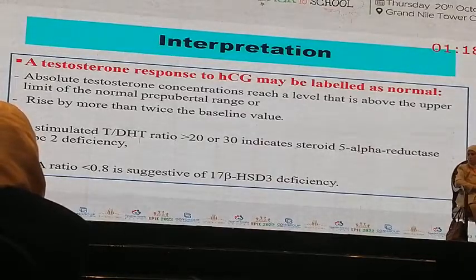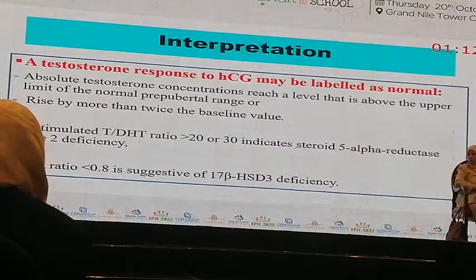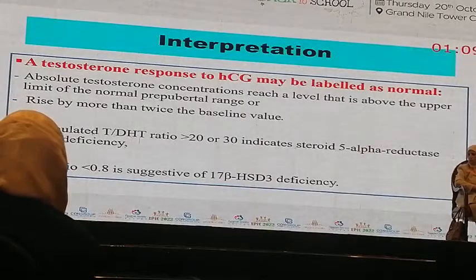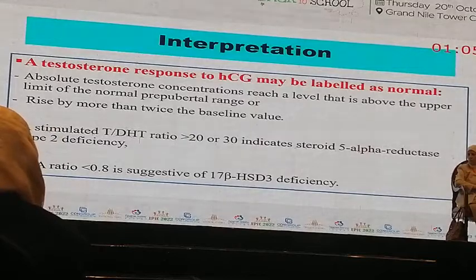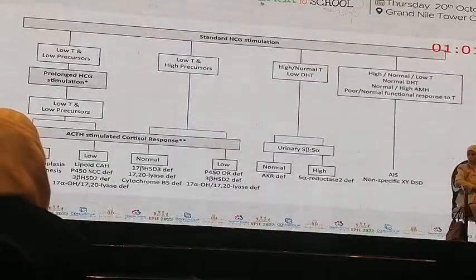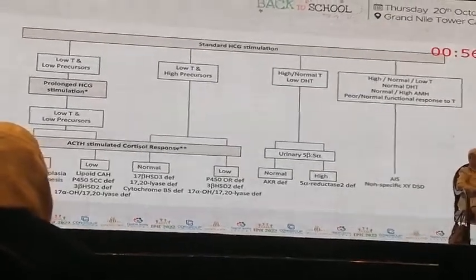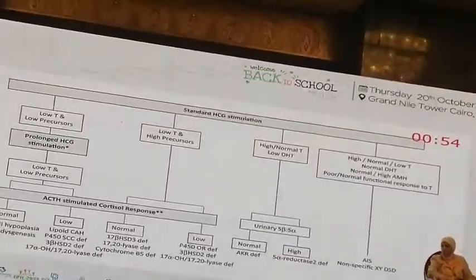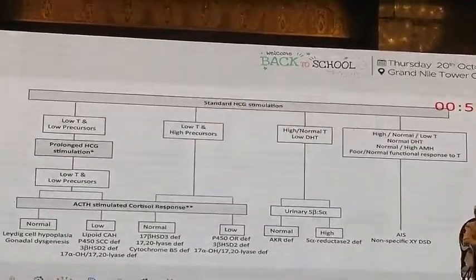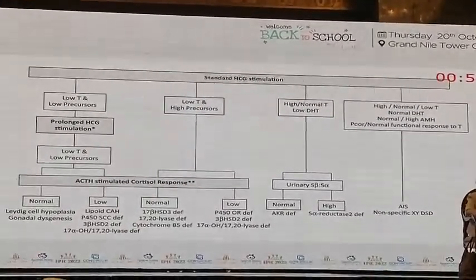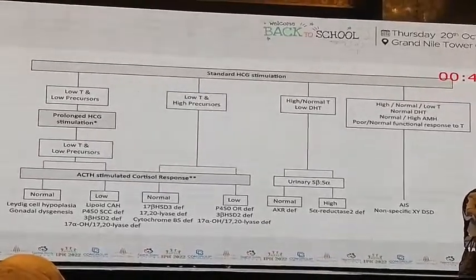And there are important ratios that could guide us to different causes of undervirilization in males, like the ratio between testosterone and DHT if elevated more than 20, or testosterone and androstenedione if less than 0.8. We have this nice algorithm which guides us according to the androgen levels for the differential diagnosis of 46XY DSD.